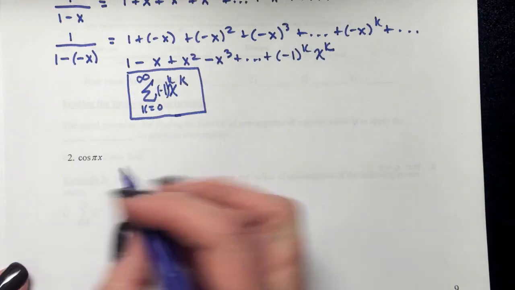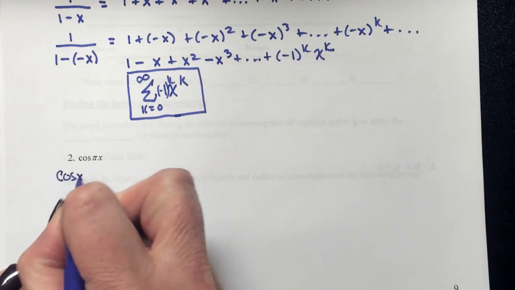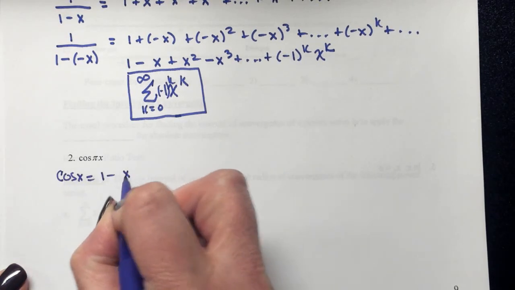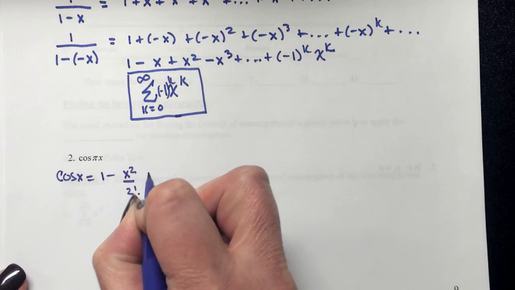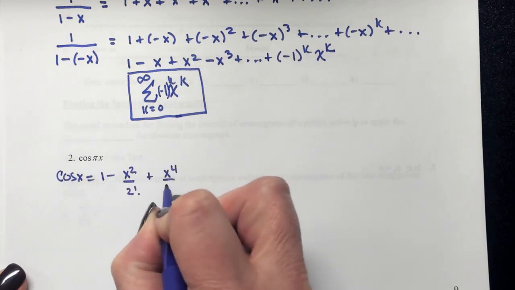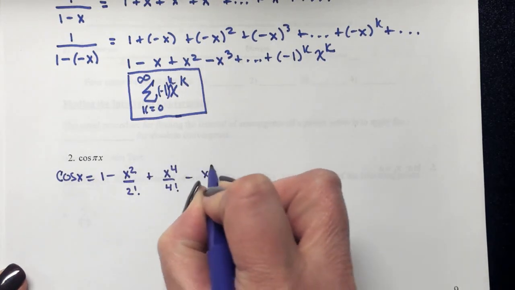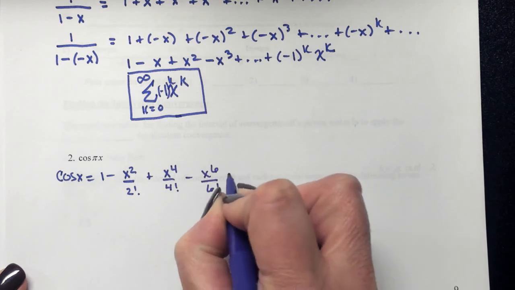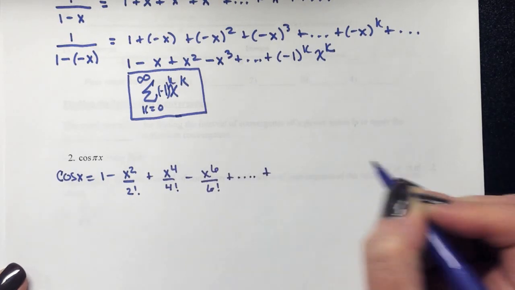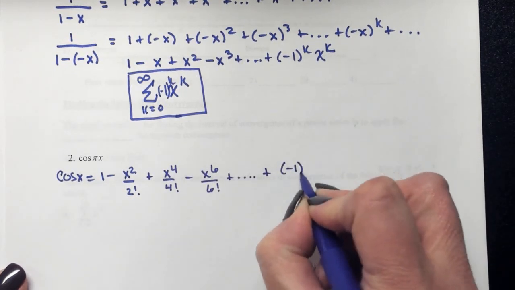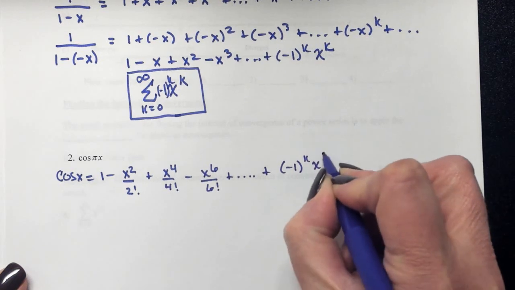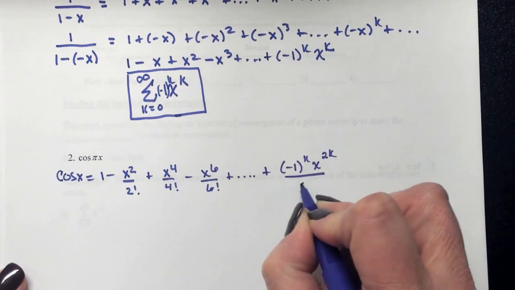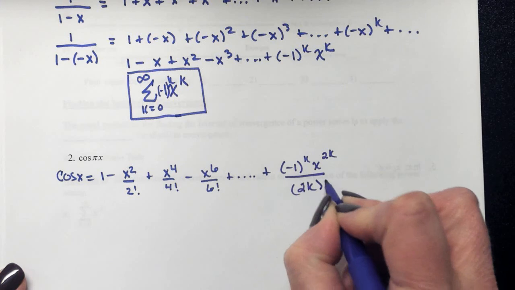The series is 1 minus x squared over 2 factorial plus x to the fourth over 4 factorial minus x to the sixth over 6 factorial plus dot dot dot plus negative 1 to the k, x to the 2k, all over 2k factorial.